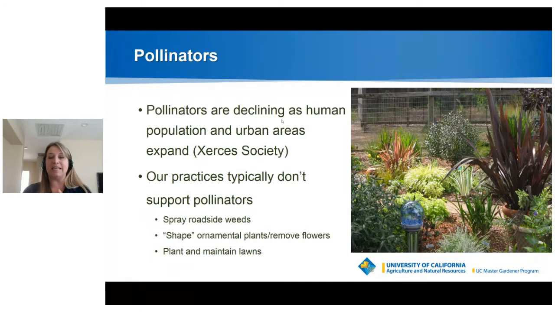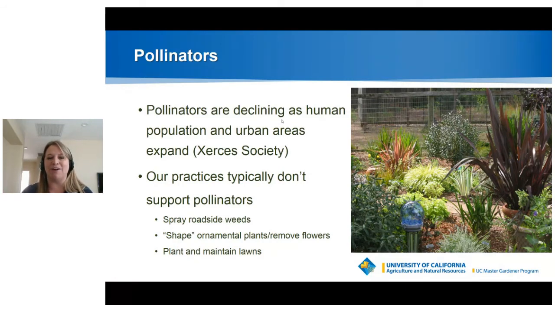As our cities grow and we grow into these rural spaces, we develop spaces like grocery stores, like built communities, schools. And then within those spaces, we have practices that really don't jive with what the natural world around us needs. And a good example of that is roadside spraying.